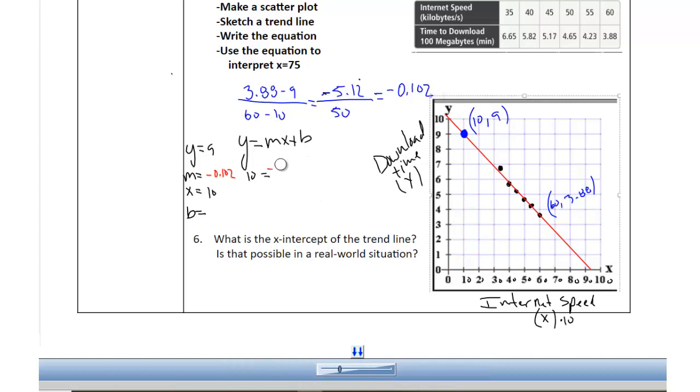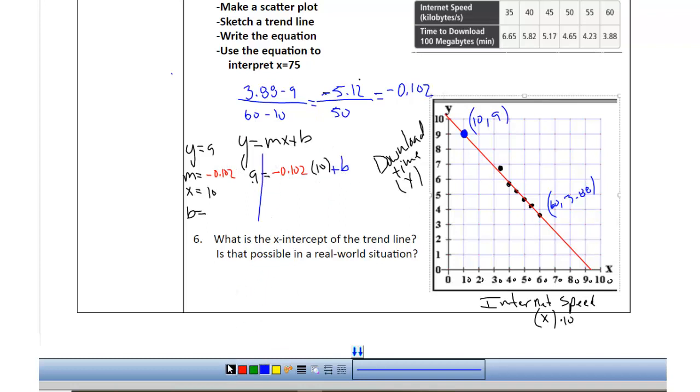Now let me erase that, got a little squished in there. 9 equals negative 0.102 times 10, I'm sorry, I miswrote the y, that's 9 coming from there, and then plus b.